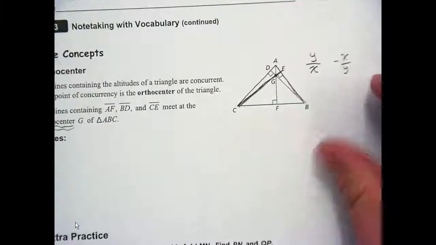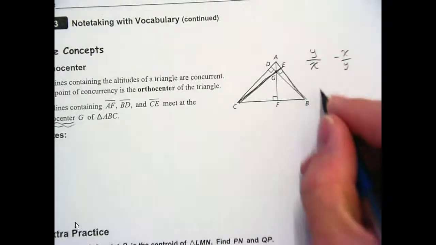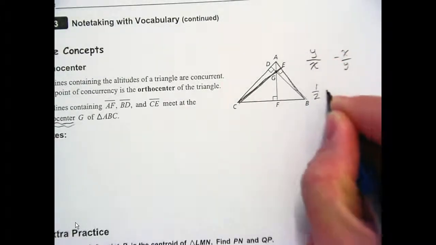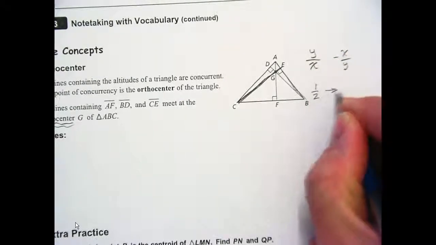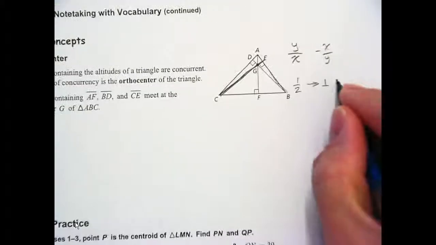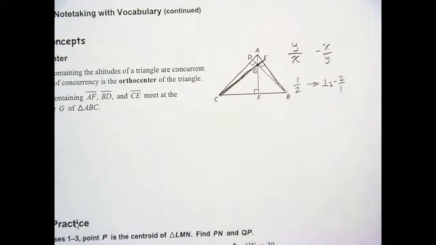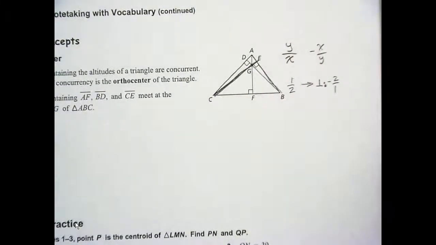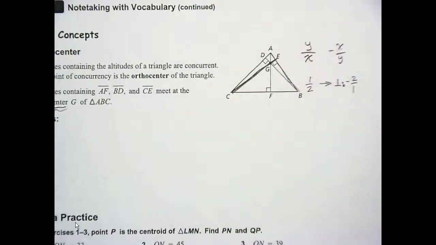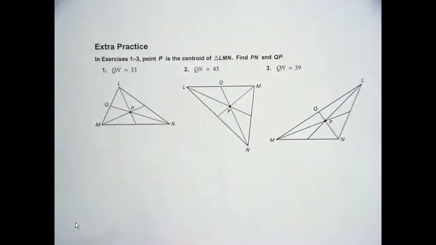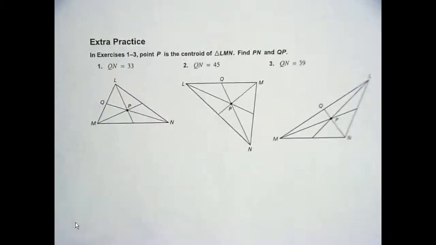If we use numbers, if the slope is 1/2, a slope that is perpendicular would be negative 2 over 1. We're going to use that today as we go through and try to construct these. Reviewing those concepts, I want you to work on 1 through 3 on the bottom of that page with your groups.